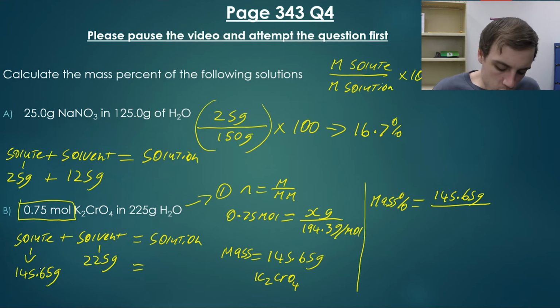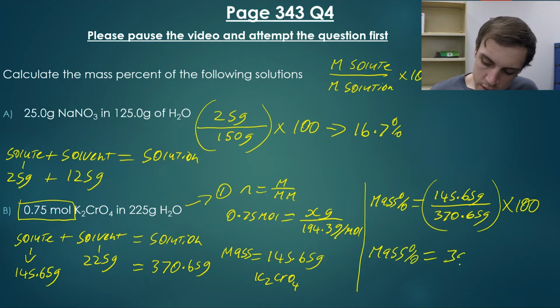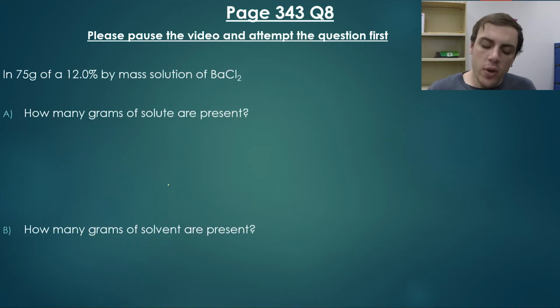So 145.65 plus 225 will give us 370.65 grams. So we divide by 370.65 grams, multiplied by 100, giving us a mass percent of 39.3%. Okay, let us now move on to page 343, question 8.